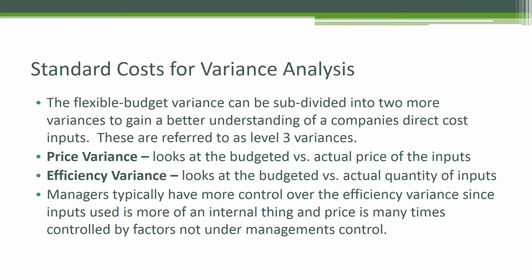Managers typically have more control over an efficiency variance since input used is more of an internal control, and price is many times controlled by factors not under management control.